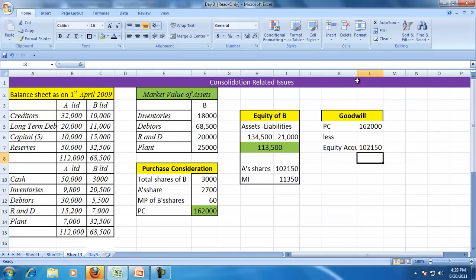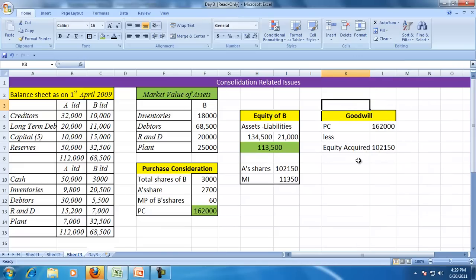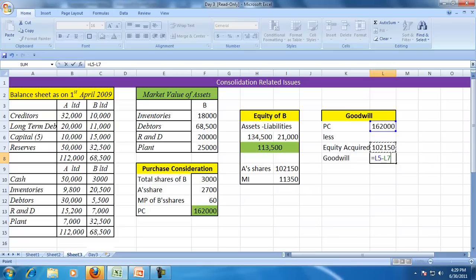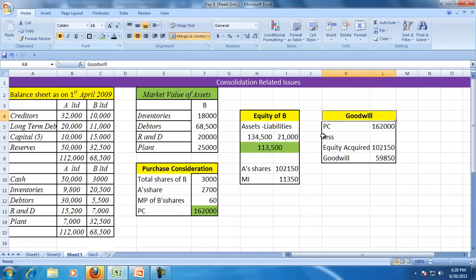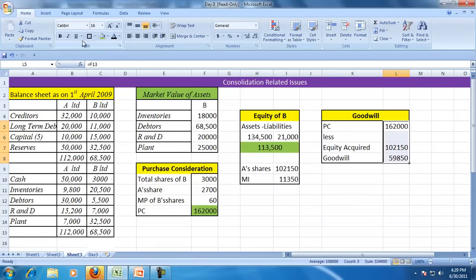Therefore goodwill is 162 minus this, which is 59,850. 59,850 is the excess money paid by A to acquire B, because they're paying 162,000.